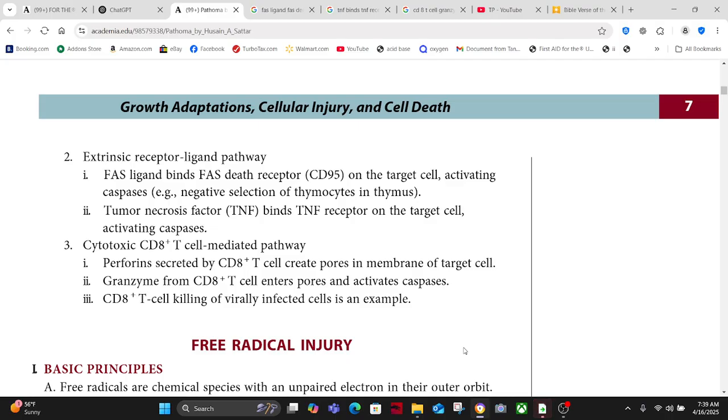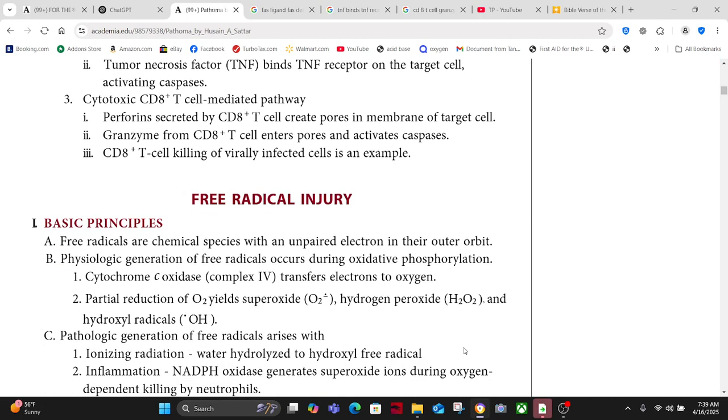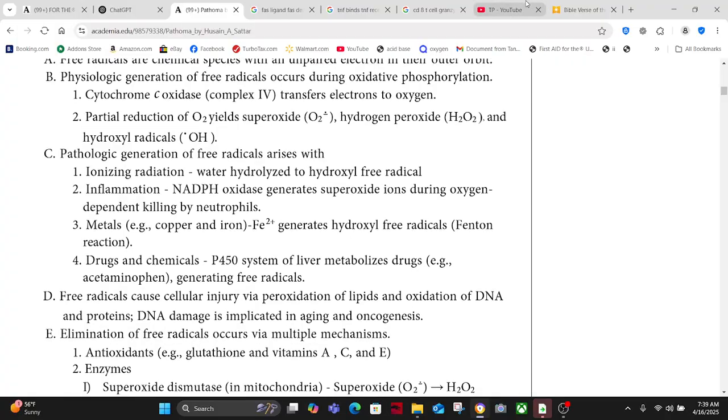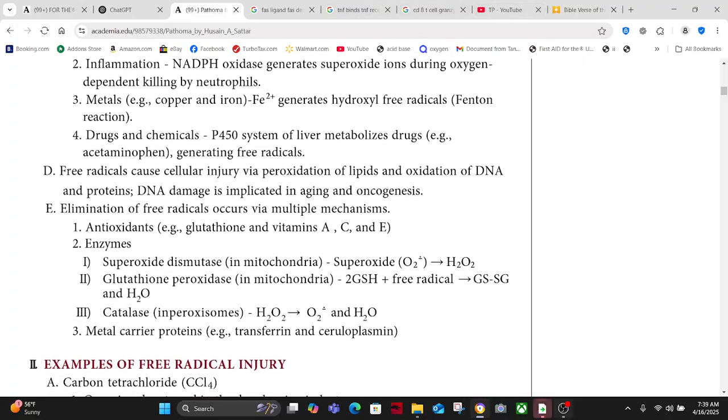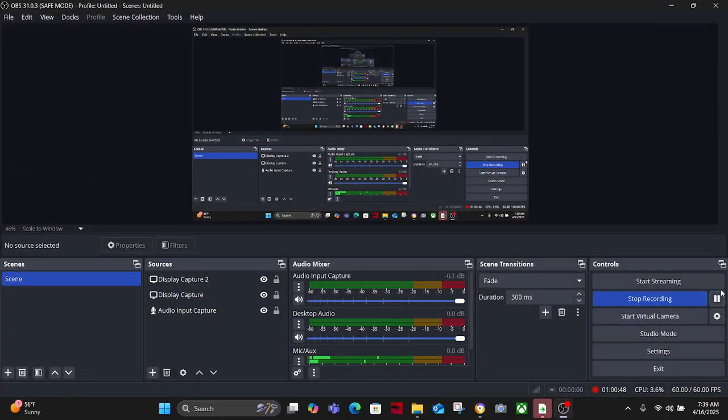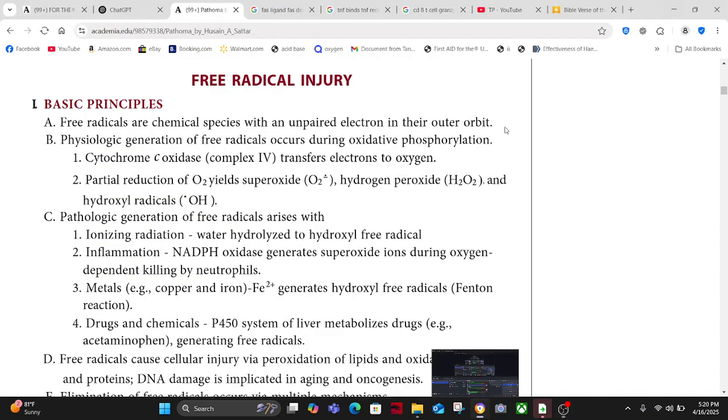Next we have free radical injury. Free radicals are chemical species with an unpaired electron in their outer orbit. Physiologic generation of free radicals occurs during oxidative phosphorylation. Cytochrome C oxidase, like in complex 4, transfers electrons to oxygen.